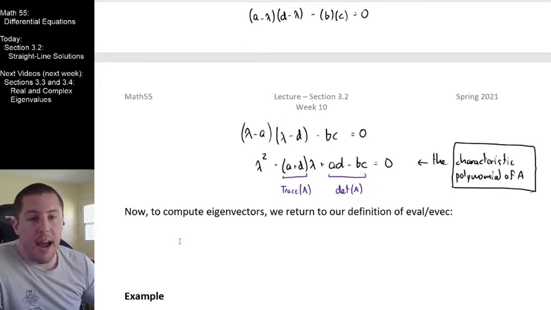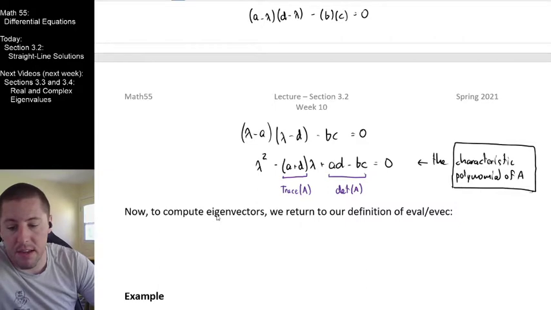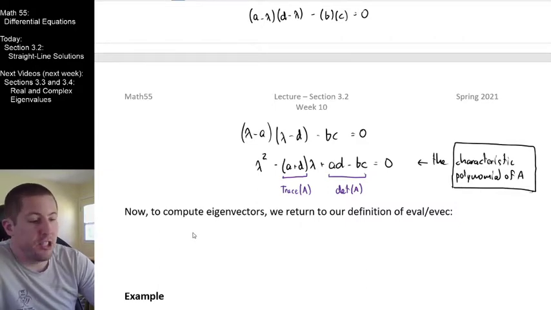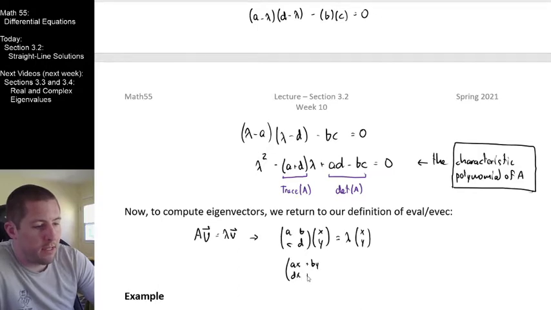Now, to compute our eigenvectors, we return to our definition of eigenvalue and eigenvector. The definition for us is that AV equals lambda V. That's always going to lead us to a statement that looks like the matrix [a, b; c, d] times [x, y] equals lambda times [x, y], which we might write as ax plus by, dx plus cy equals lambda x, lambda y.